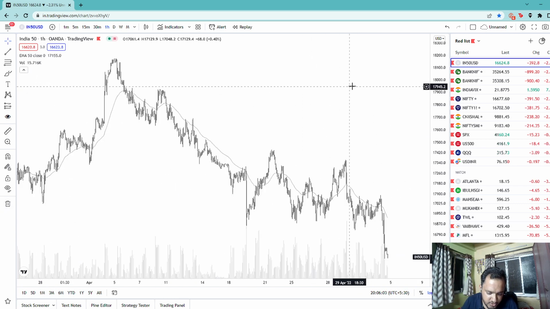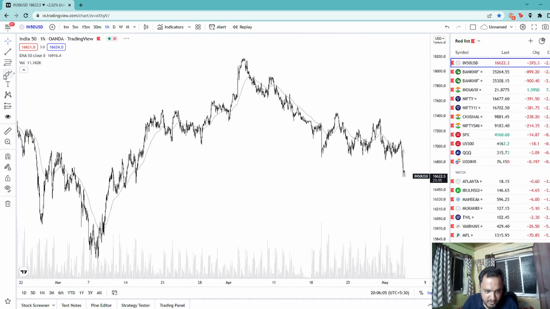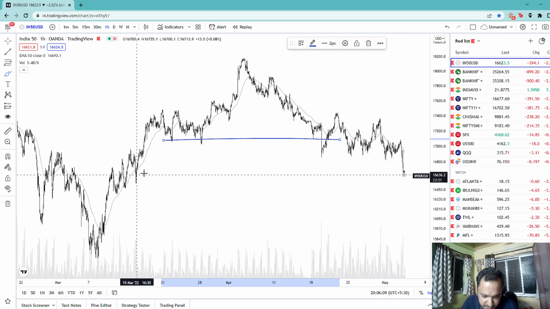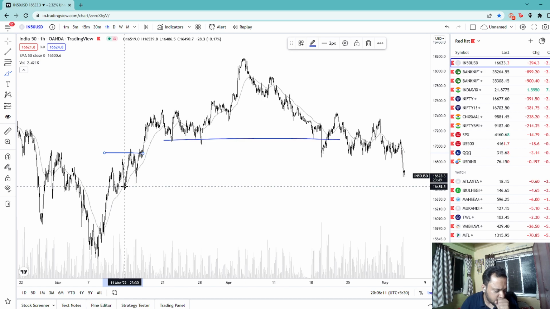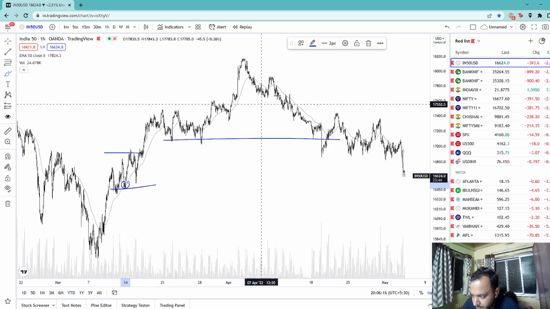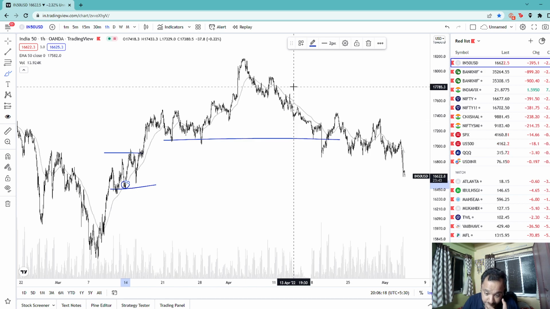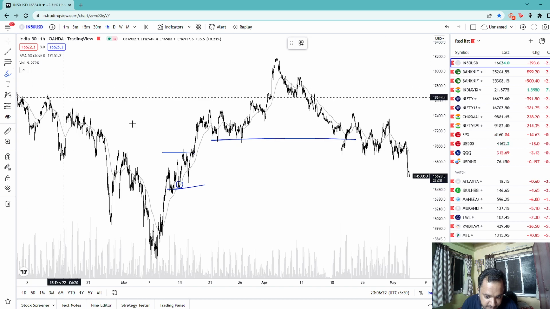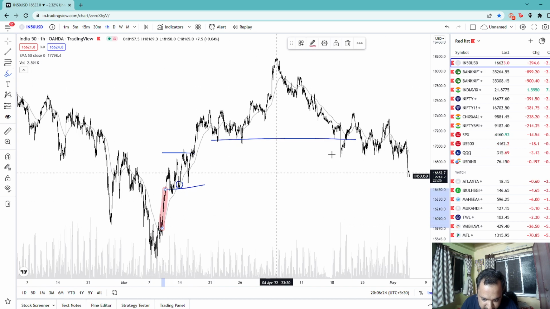So I still wouldn't short this. Although we are breaking down, we have gone straight down into this previous base right here. For shorts, I'll only take a short if the market shows that it's trying to cover this area as well.